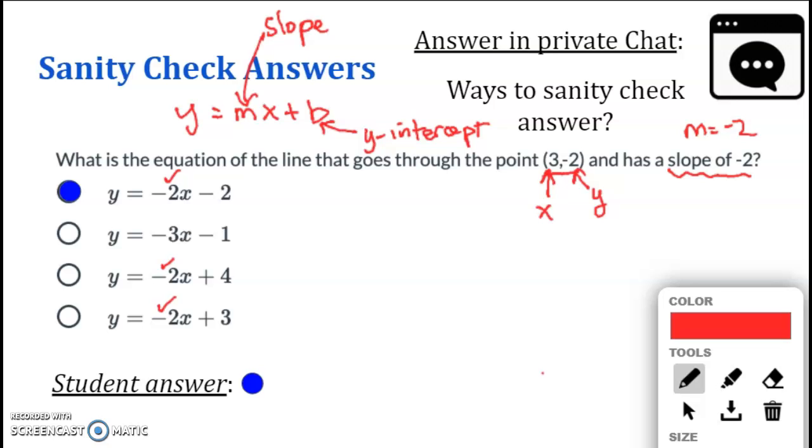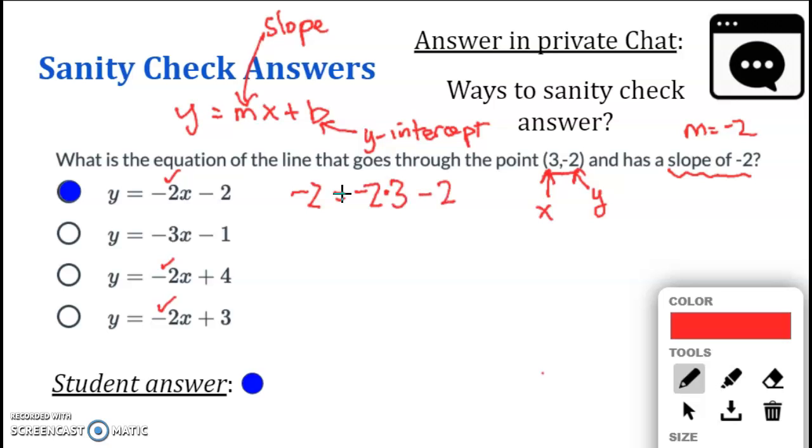So let me just substitute that in. Instead of y, I am going to put -2 here. Instead of x, I'm going to use 3. So I have -2, that's from the original equation. Instead of x, 2x just means 2 multiplied by whatever x is, which is 3, minus 2.